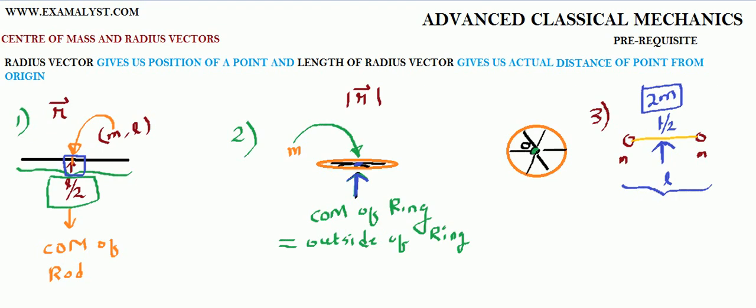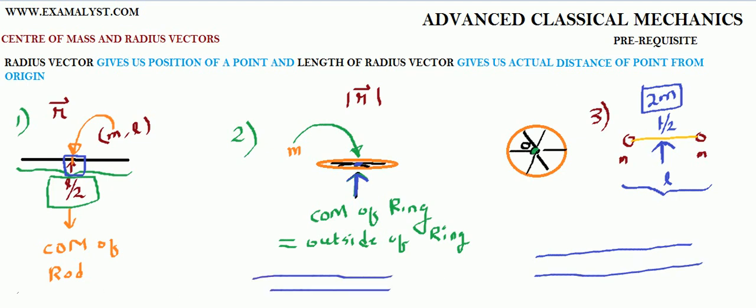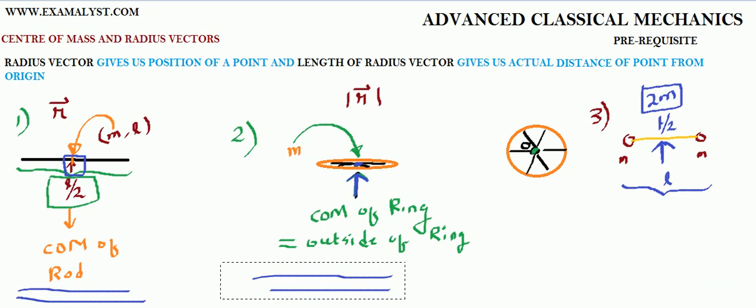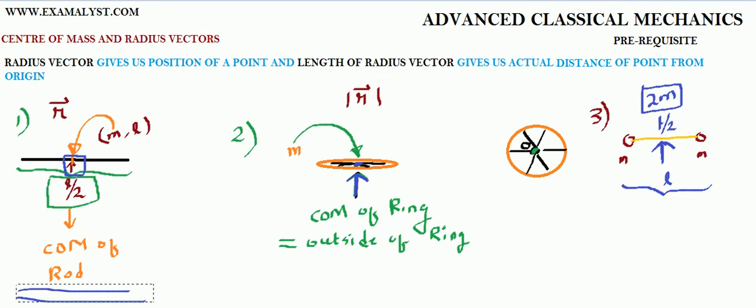Agreed? Now the question is, we understood logically by looking at cases 3, 2 and 1 what center of mass is. Cases 1, 2 and 3 were very easy, and so intuitive that we can guess the points where the center of mass lies.